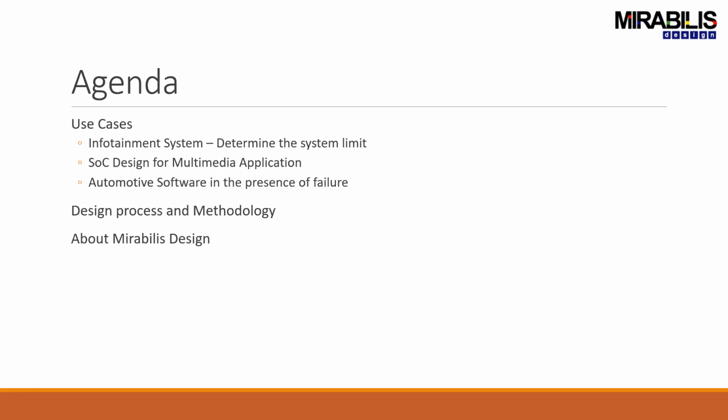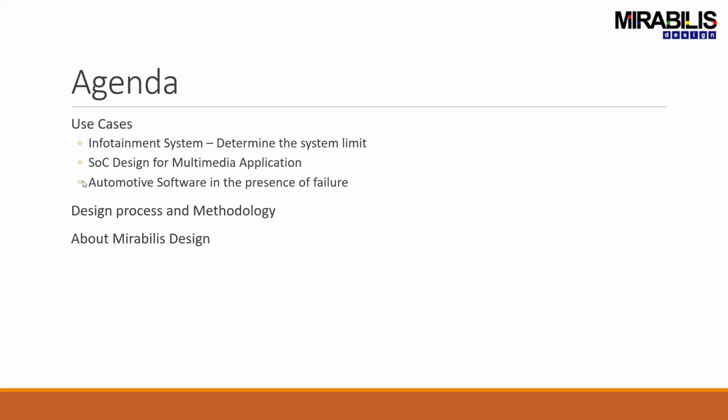Those will be tested to the maximum limit to determine the capabilities of the design. In the second use case, we'll look at how to design an SoC system for a multimedia application where we have stringent requirements. Both power and performance requirements have to be met.